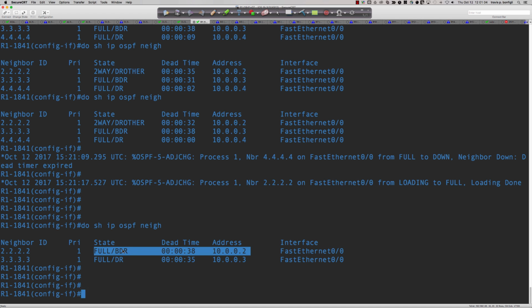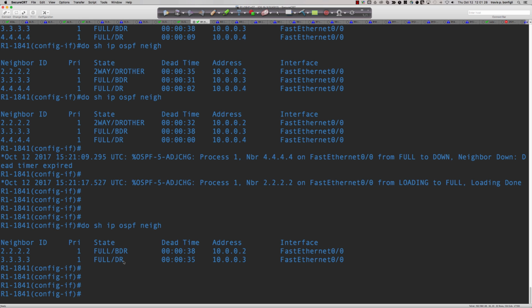And this goes back to why the BDR is elected first, because that's all that needs to be elected. When the existing DR fails, the current BDR is immediately promoted to the DR. And then we don't need an election for the DR because the BDR became the DR. So this is why the BDR is elected first.